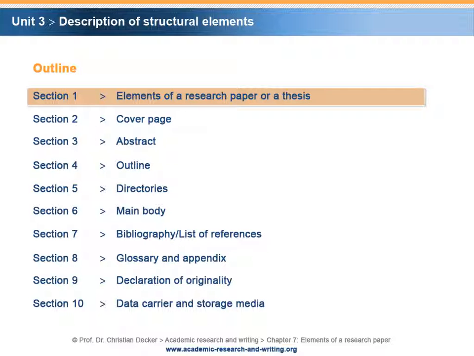Section 1. Elements of a research paper or a thesis. A number of structural elements were introduced in Unit 2. In Unit 3, we will solely focus on the elements which are important for academic research projects.